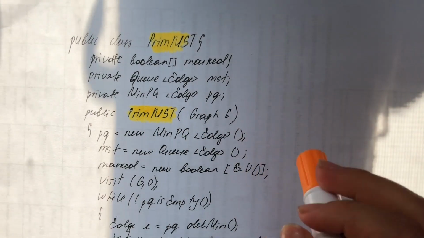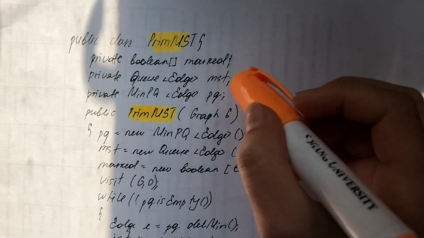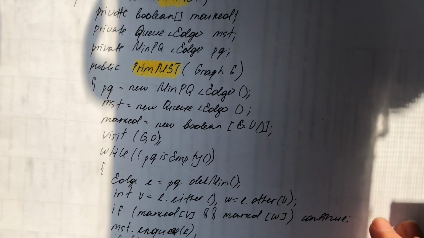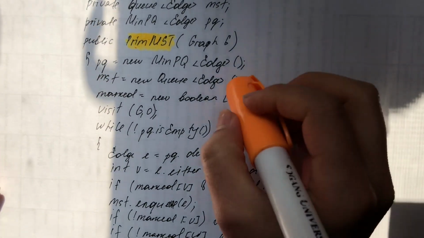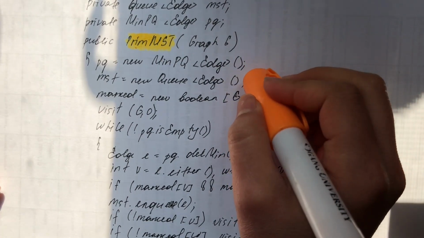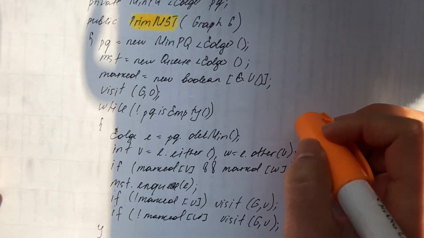We will also have to monitor the visited vertices, so we will have an array of booleans called marked. Here we start by creating the minimum priority queue, initializing the MST queue and this array.